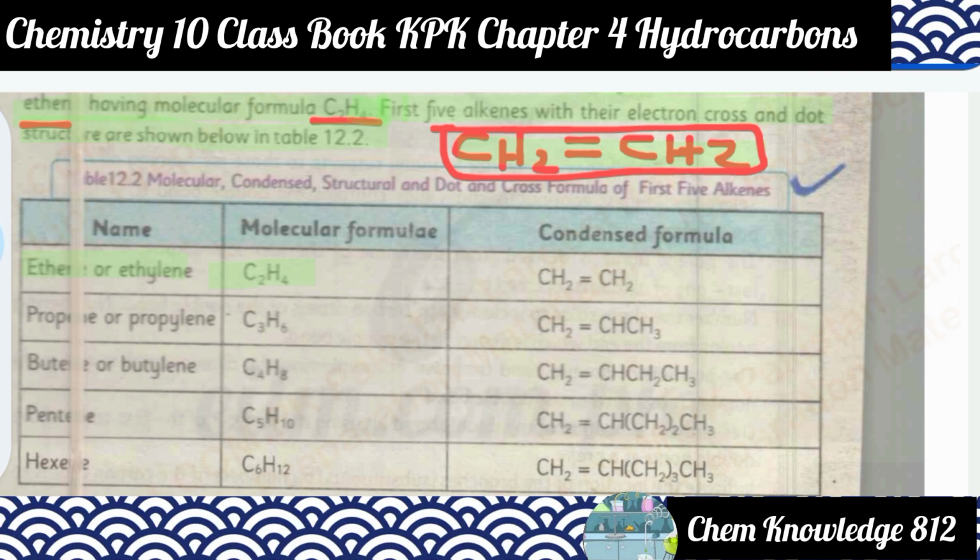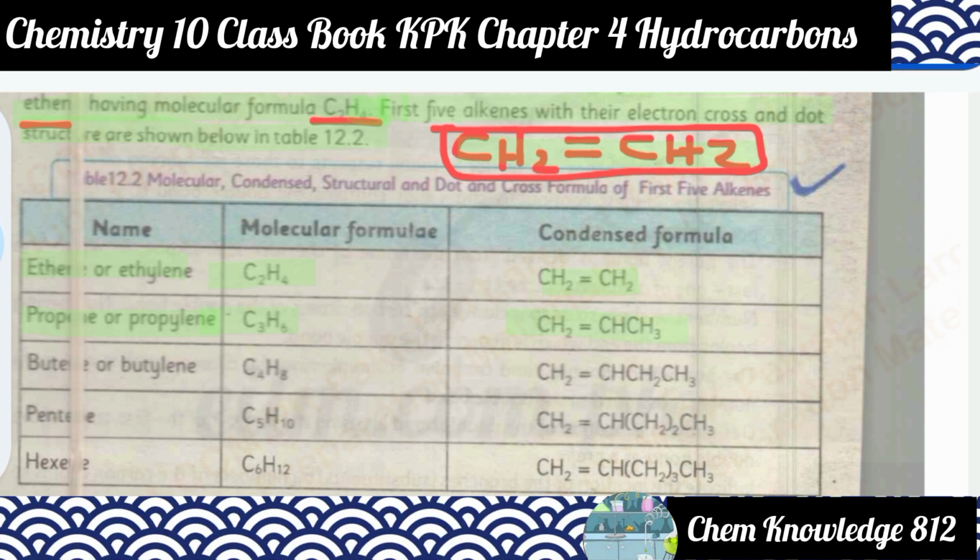This is propene or propylene having formula C3H6, or the condensed formula CH2=CH-CH3.